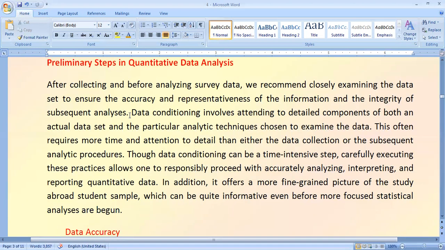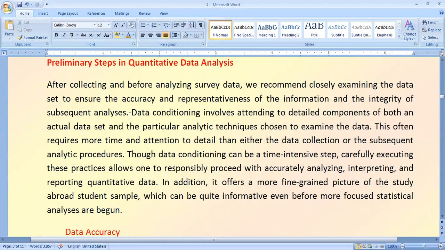Data conditioning involves attending to detailed components of both the actual data sets and the particular analytic techniques chosen to examine the data. This often requires more time and attention to detail than either the data collection or the subsequent analytic procedure.